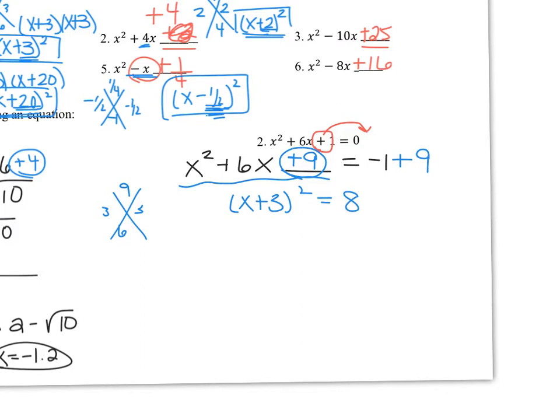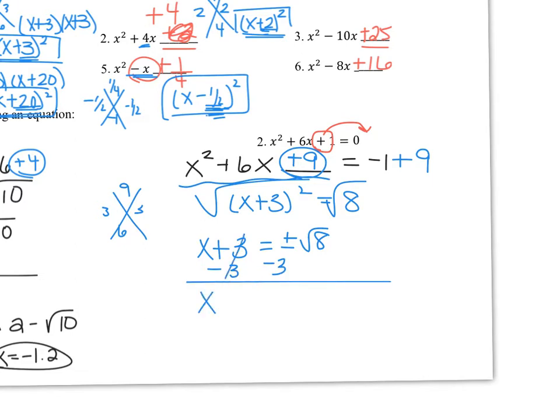Now I'm going to solve for x by square rooting first. So I have x plus 3 equals plus or minus the square root of 8. I'll just leave it as plus or minus the square root of 8. You can convert it to a decimal if you'd like, say 2.8, by typing it into your calculator. Now I'm going to subtract 3 on both sides.